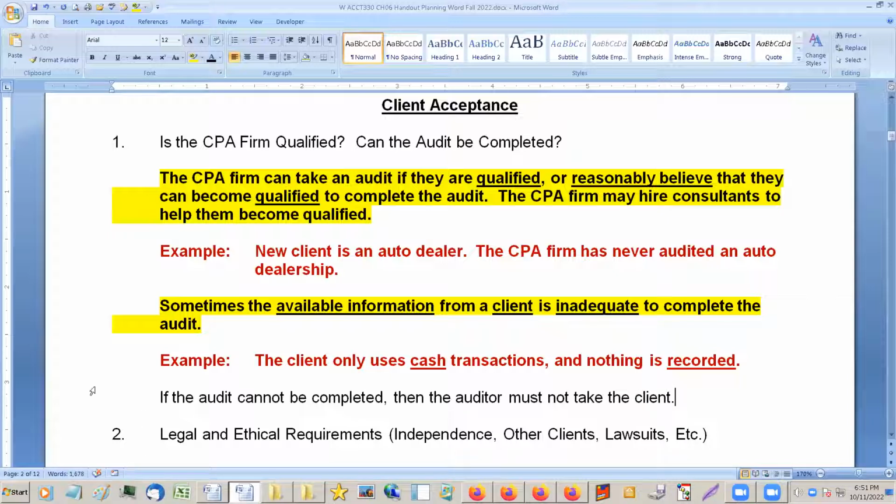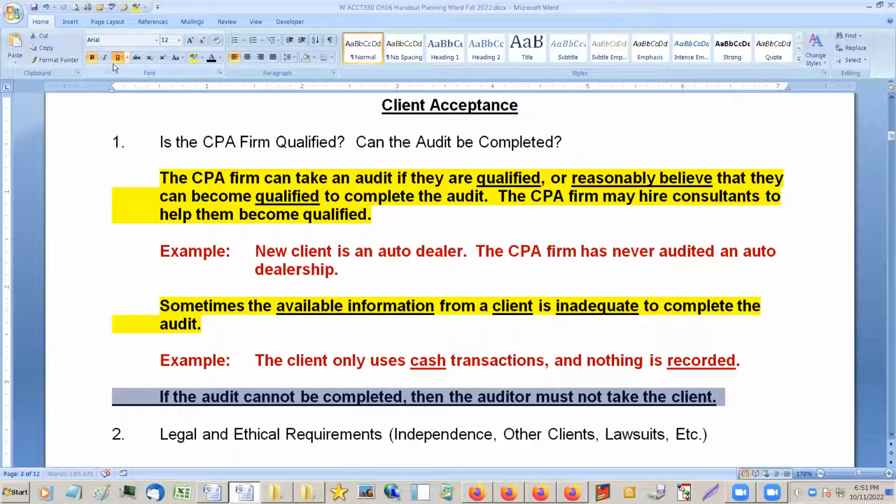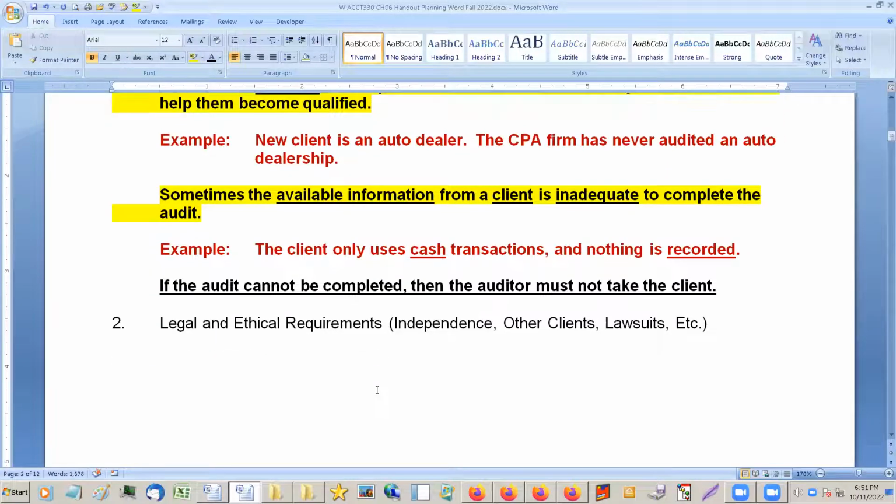Even if they beg us, oh, come on, just do the audit. If it cannot be completed, then we cannot take the audit.